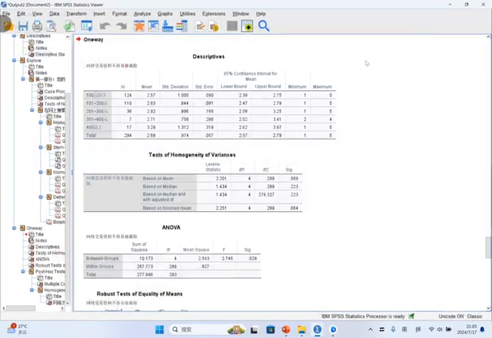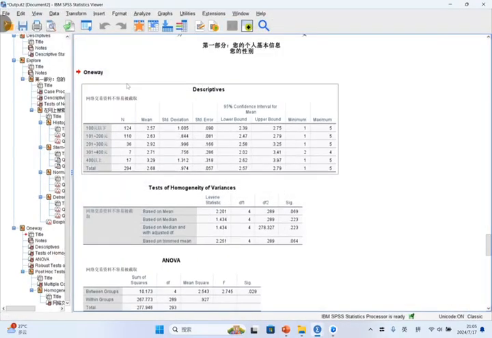Okay, there's the result. First, the descriptive result shows the descriptive statistics of the 3 levels of the factor variable, online shopping amount, and it can be seen that the group with more than 200 yuan has the highest evaluation of the security of online transaction data.